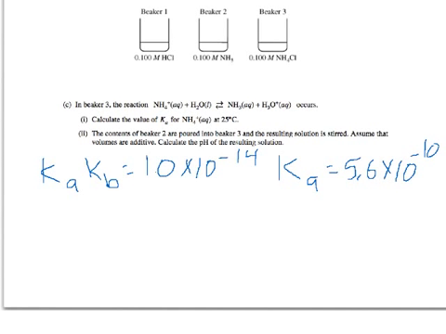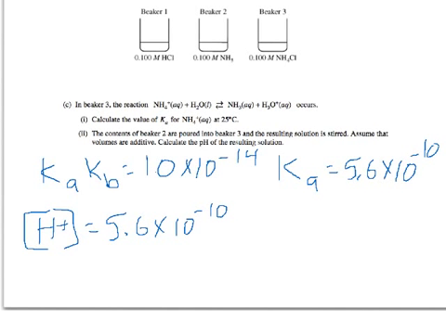So again, hopefully you recognize that this is a buffer situation, and you can say that the H plus concentration for a buffer is going to be equal to the Ka, which is 5.6 times 10 to the negative 10th, and that's going to equal the moles of the conjugate acid, or the weak acid, over the conjugate base.